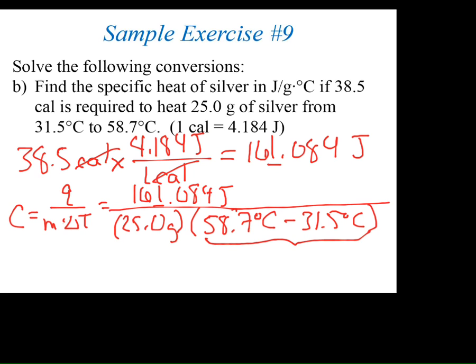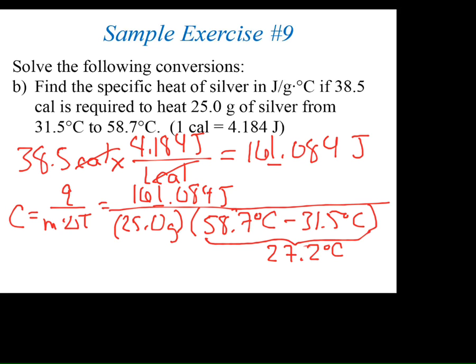So, let me just check this one first for my sig figs before I go on. So, what'll that be? 27.2? That was really messy, I apologize. I'll try it again. 27.2. So the reason I do that first is so I can see how many sig figs are in that, right?